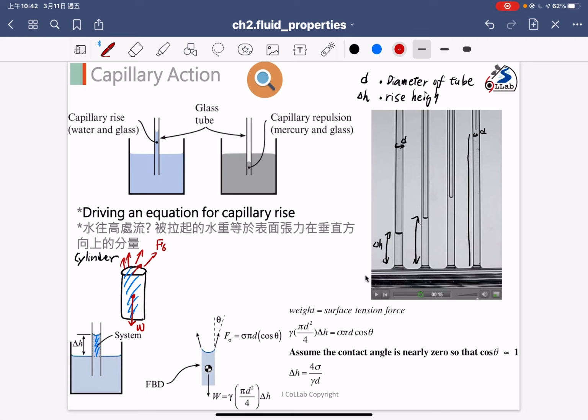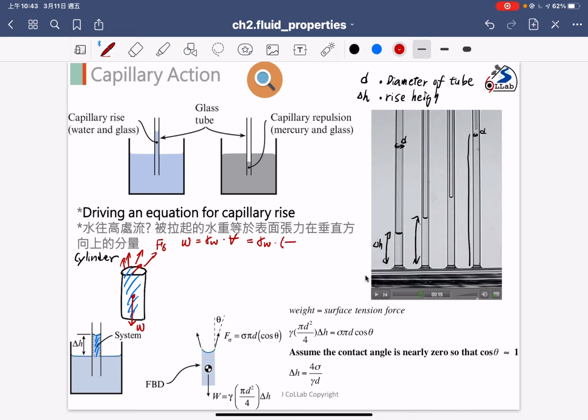First, we focus on the weight of the water. We know gamma W is the specific weight, right? And if we know the volume of the water, we can compute the water weight. So how about the volume of the water? We consider this a cylinder shape, so we compute the area of the circle.